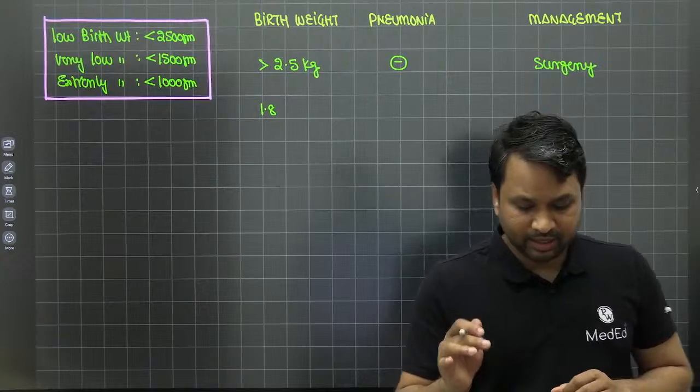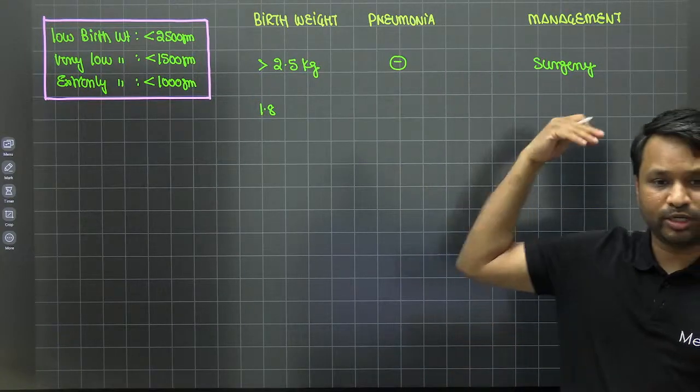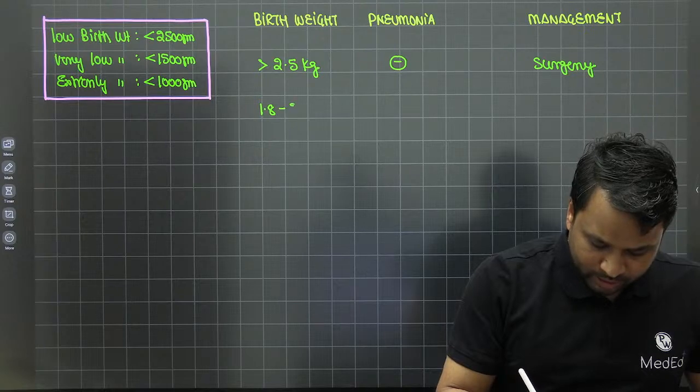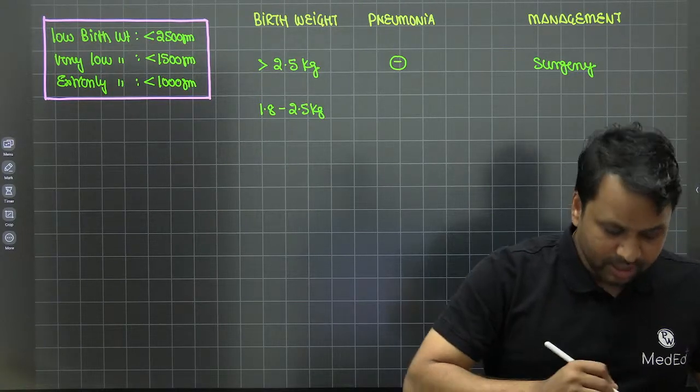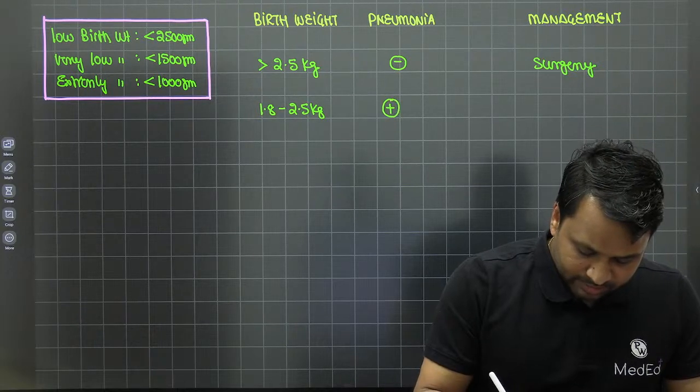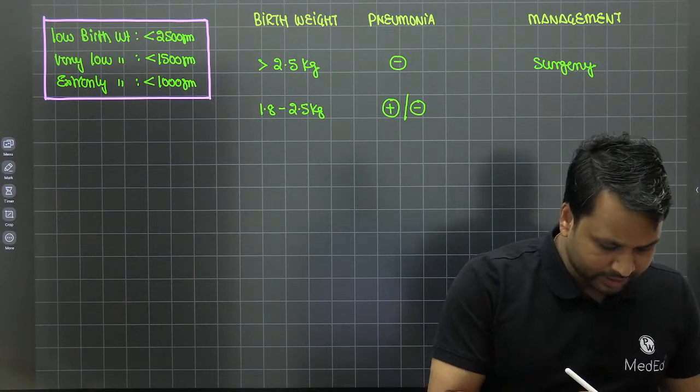So the first one that I had, if the baby is more than 2.5 kilograms, no pneumonia, take the baby directly for surgery. If the weight of the baby varies between 1.8 to 2.5 kilograms, now you have to see whether the pneumonia exists or not. Plus or minus doesn't matter. Birth weight is low.